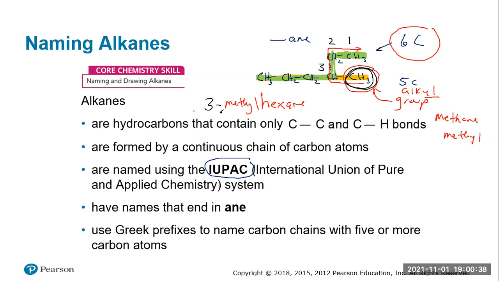Hexane because the longest chain is 6 carbons. Methyl because that is the group that's not part of the longest carbon chain. And 3 is the location of the carbon that group is attached to. As you'll learn, organic naming is all about telling people exactly what's there and where you can find it. It's all about location, location, location.